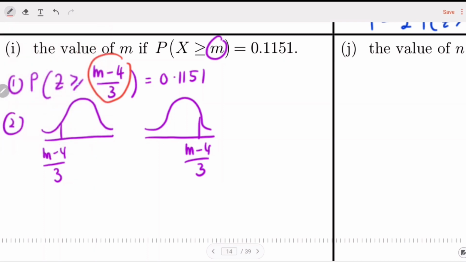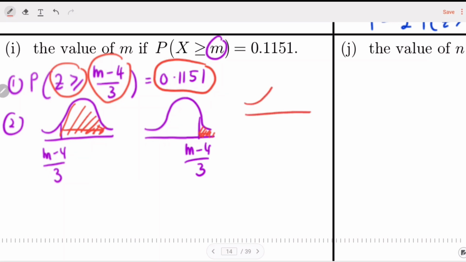Since our probability is for Z greater than or equal, it means the shaded region goes to the right from that value. Then we need to check which bell shape is correct if the probability given is 0.1151. We know that the total area under the curve is 1, so half of it is 0.5.